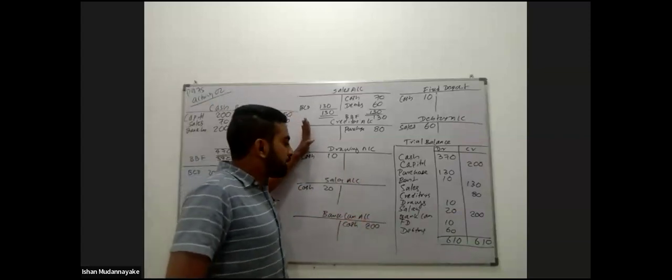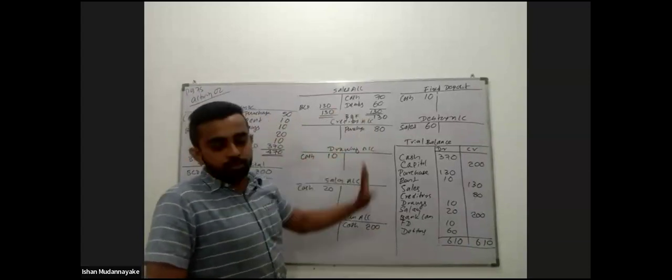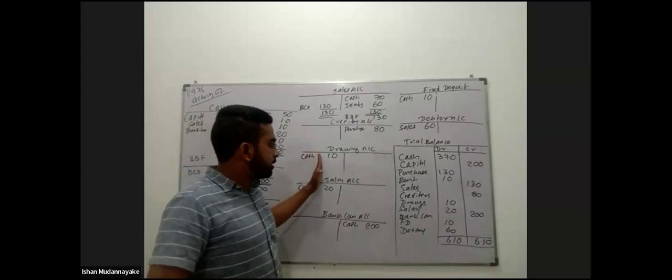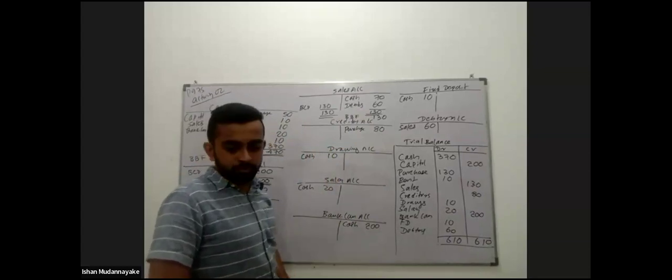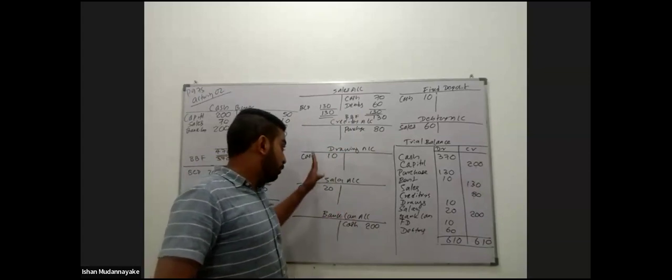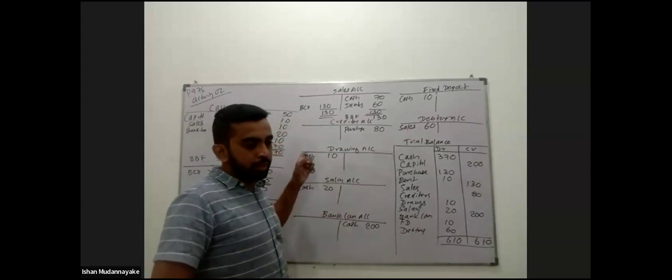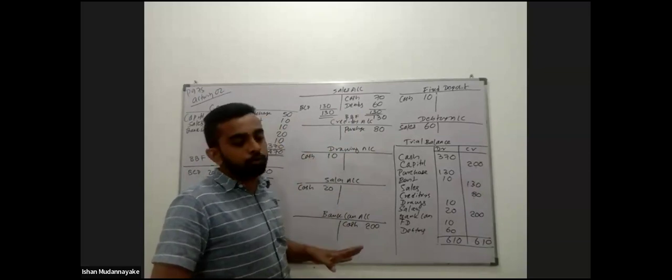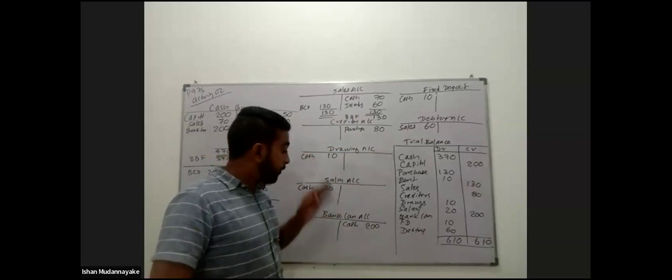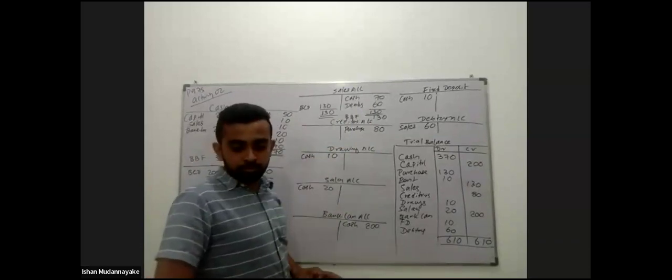All the debit transactions you have credited properly. You have recorded debit transactions on the credit side properly. If you debited a transaction, to the opposite account you have credited. Debited figure, you have credited.